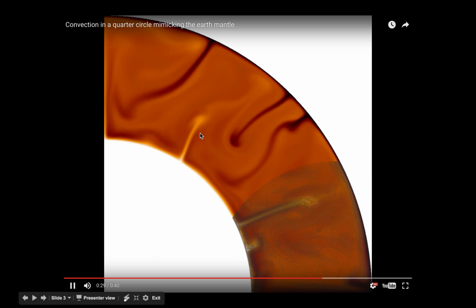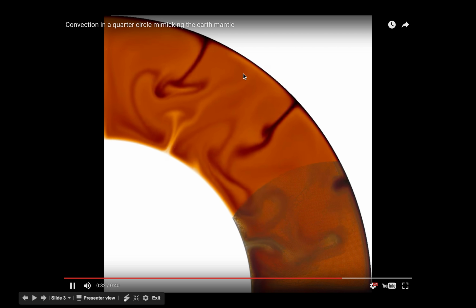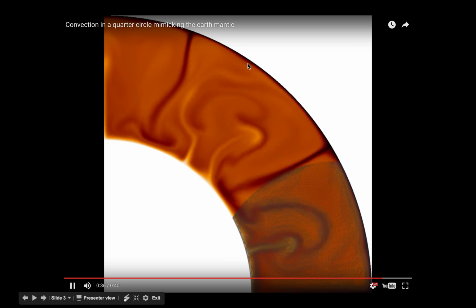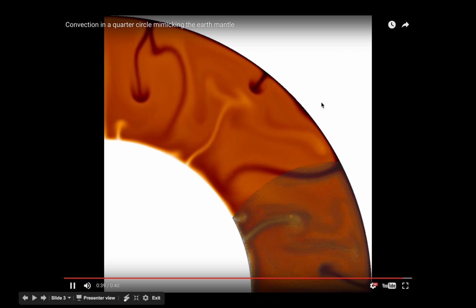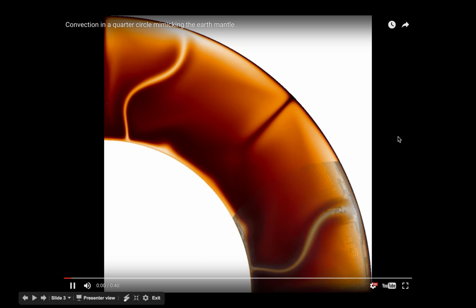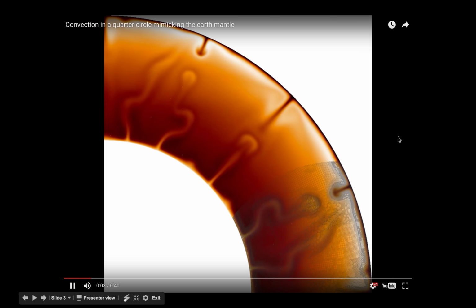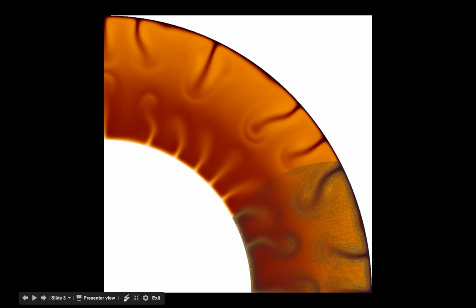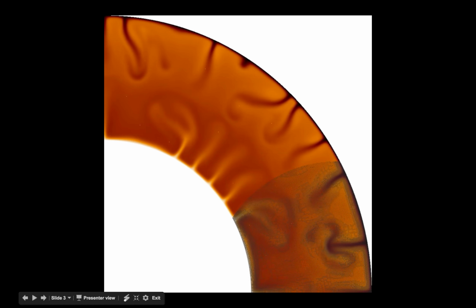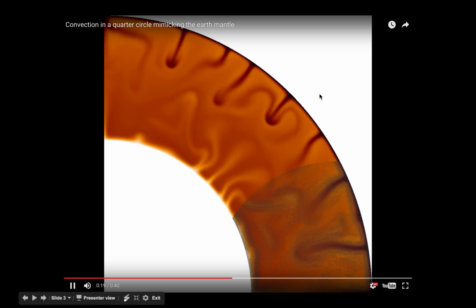It gets transferred up as a hot spot, and then will produce melt once it gets to the crust. Now that's in terms of a hot spot, but as far as plate tectonics, what I want to mention here is that this convection of the mantle is what drives the movement of the continents. And so the continents are moving around, jockeying back and forth on the surface of the Earth, mainly because this convection is moving them around.